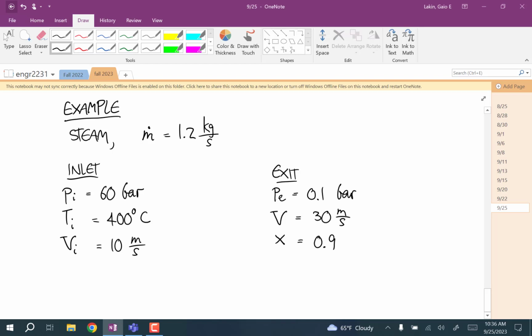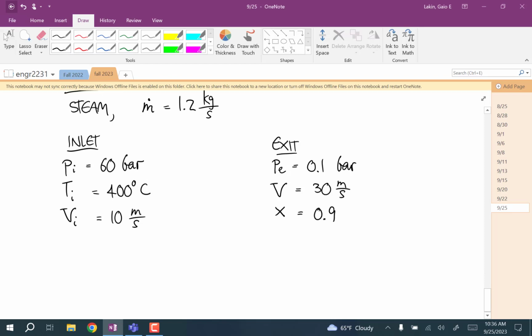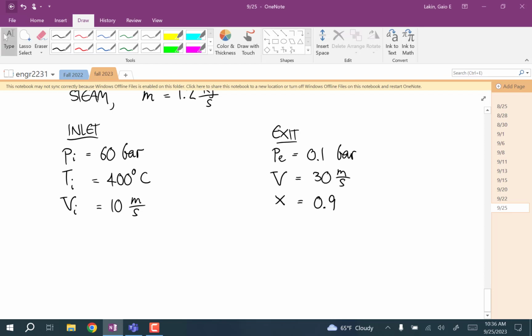Okay, so what does it tell us that at the exit, we're given a quality? Saturated. Yeah, that's right. It means that it's saturated because what that quality tells us is the fraction that's vapor and the fraction that's liquid. Okay, and so given all this stuff, since we know that it's steam at the inlet, we have a pressure and a temperature.